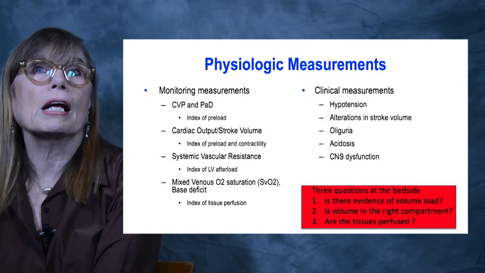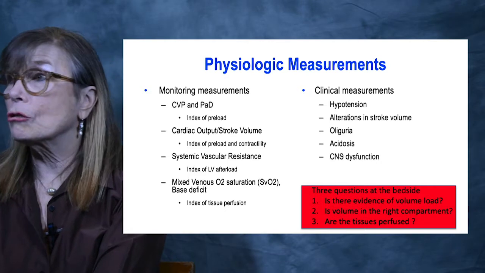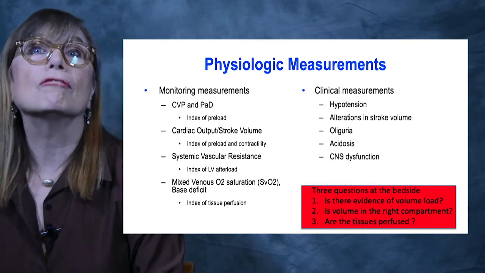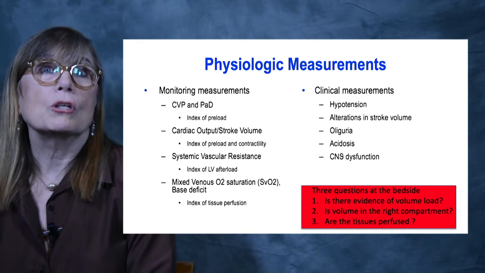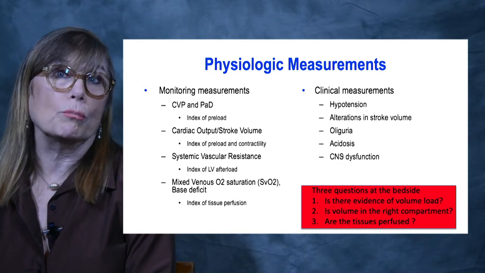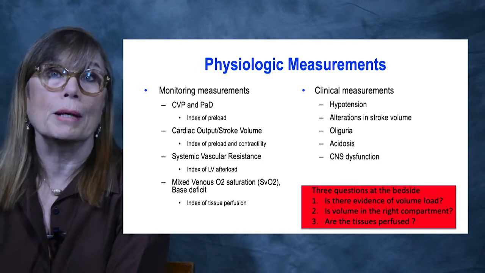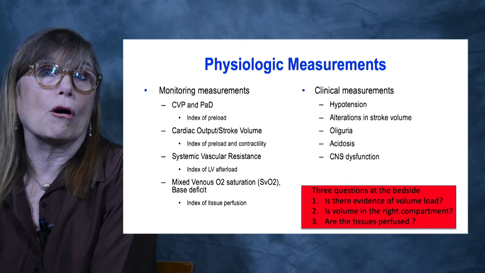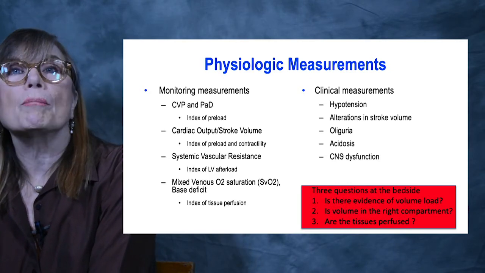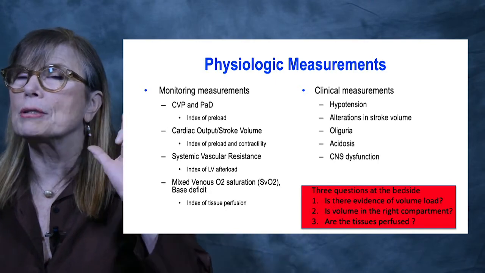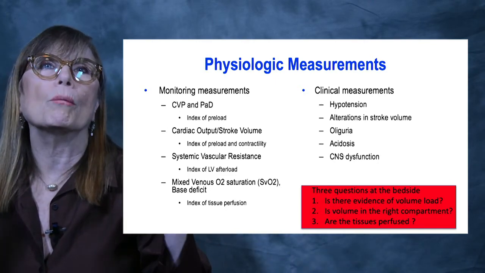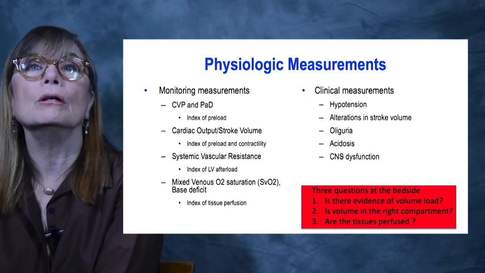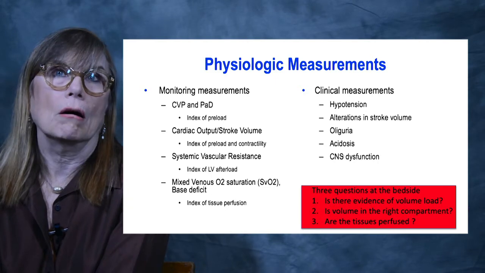So now we want to think about the basic physiologic measures that we can make every day at our patient's bedside. Okay? So first and foremost, CVP, which just requires monitoring of the distal port of your central line. That's the brown lumen. If you have a pulmonary artery catheter, we would typically use pulmonary artery diastolic pressure, and we use CVP as an indicator, not an absolute, of preload pressure for the right heart, and the PAD as an indicator, not an absolute, of the preload pressure of the left heart.